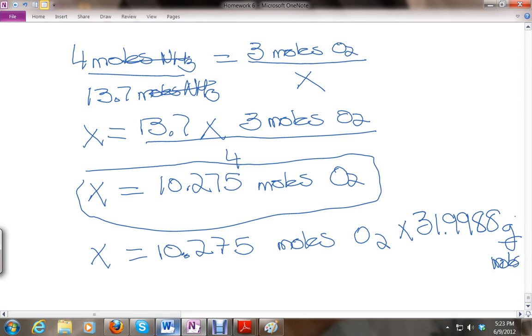Then we get rid of the moles, and it gives you grams. Moles and moles. And the answer is going to be 328.788 grams of O2.